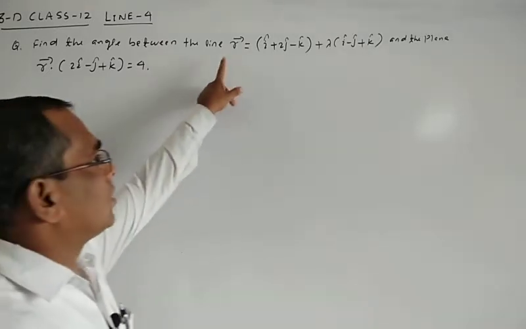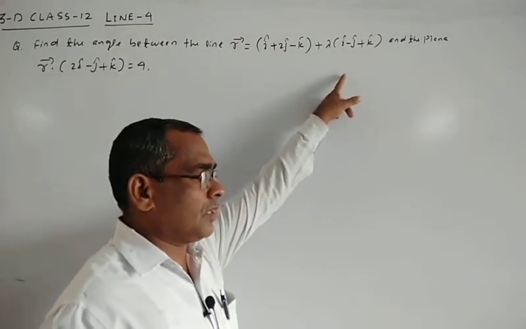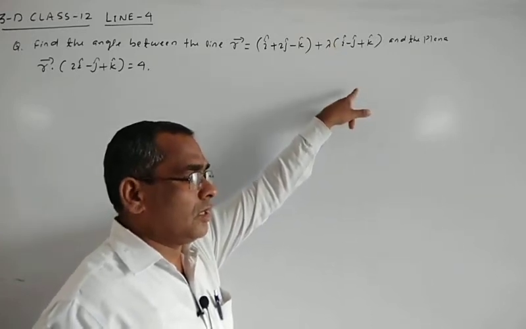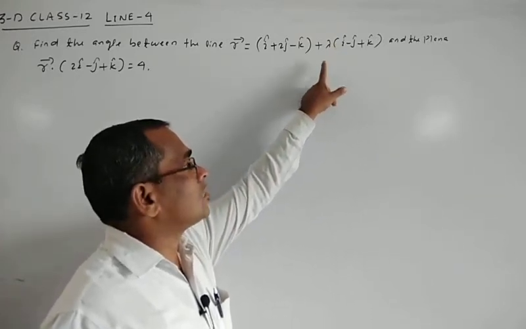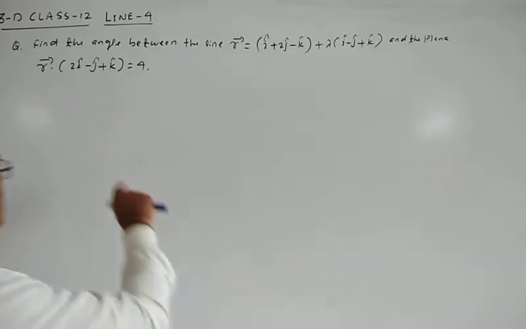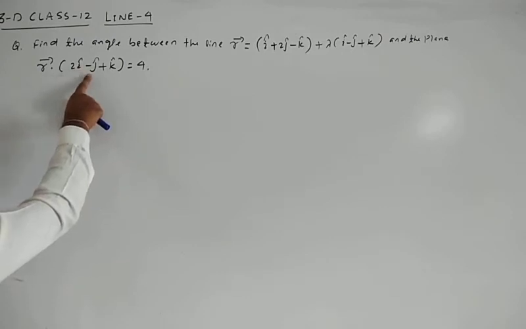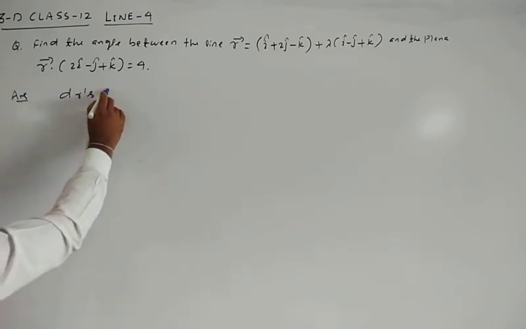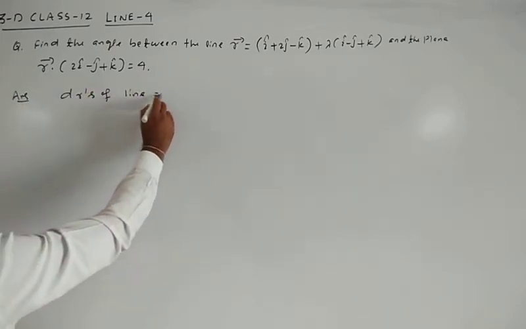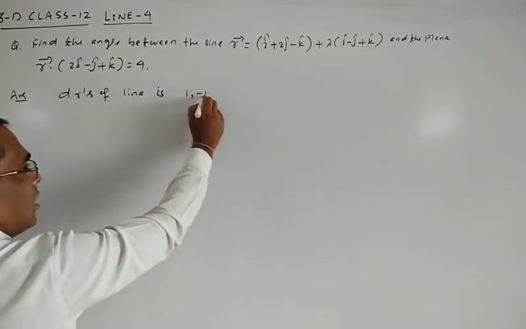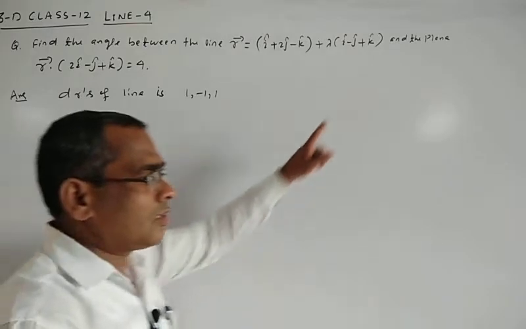So clearly r vector is equal to a vector plus lambda into b vector. So here b vector is equal to i cap minus j cap plus k cap. So the direction ratio of line is 1, minus 1, 1, because this one is the b vector.